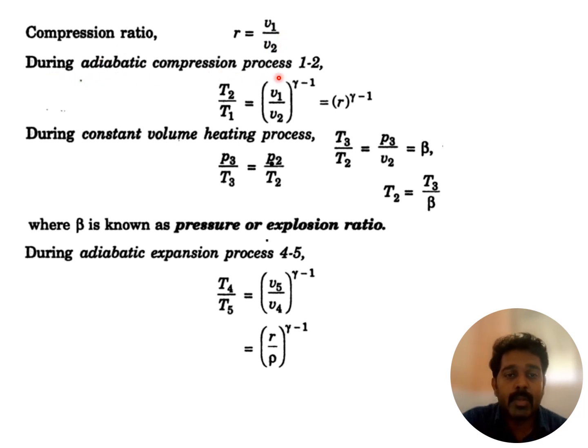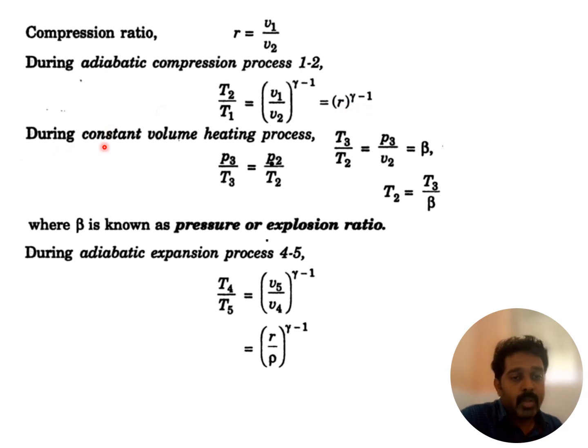During the adiabatic compression process, that means 1 to 2, the relation is T2 by T1 equal to V1 by V2, the whole power gamma minus 1. So here V1 by V2 equals small r, so T2 by T1 equals r to the power gamma minus 1, right?